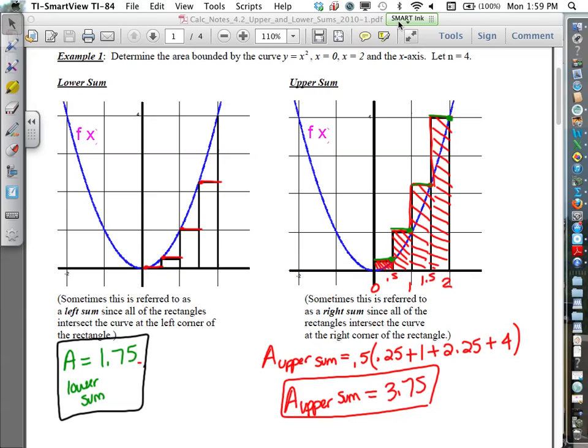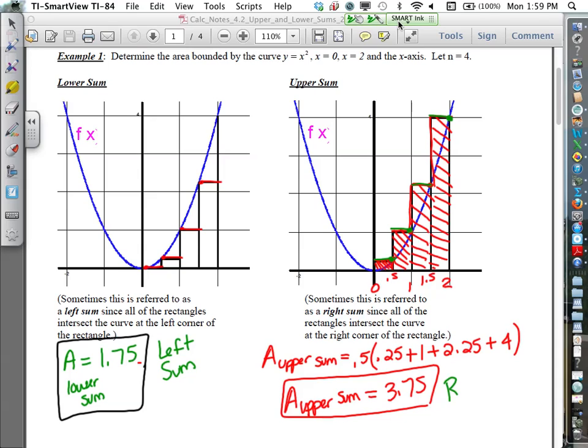So another name for this lower sum is also the left sum. Instead of saying lower, how the rectangle falls compared to the curve, they're going to say use the endpoint that's on the left. Okay, so left sum means use the left endpoint. Right sum would be use the right endpoint.